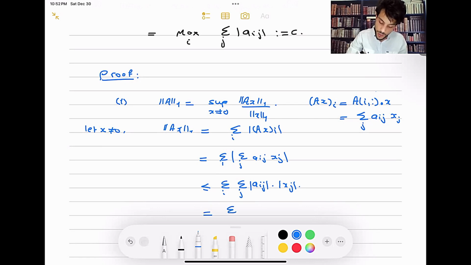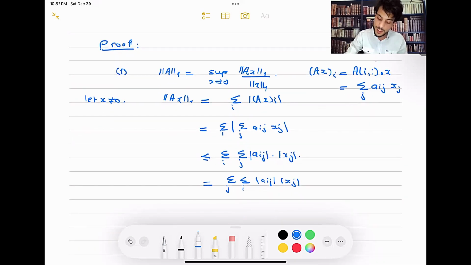So if we first swap the sums, which we can because it's a finite sum, as such, and then take the x_j into the sum that it's indexed by, because it's independent of i, we can do that.